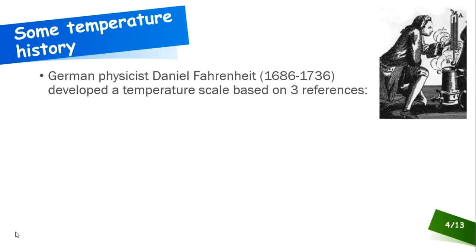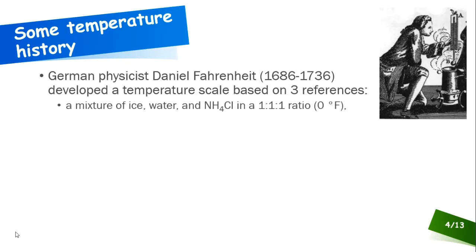So, Daniel Fahrenheit was a physicist living in Germany. Of course, the town where he was living today would be located in Poland, but at the time that he was alive, Poland was actually ruled by the Germans. He developed a temperature scale based on some experiments he was conducting, and he used 3 reference points for his scale.